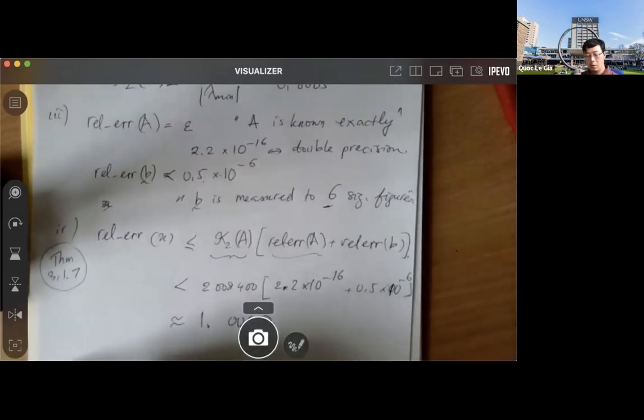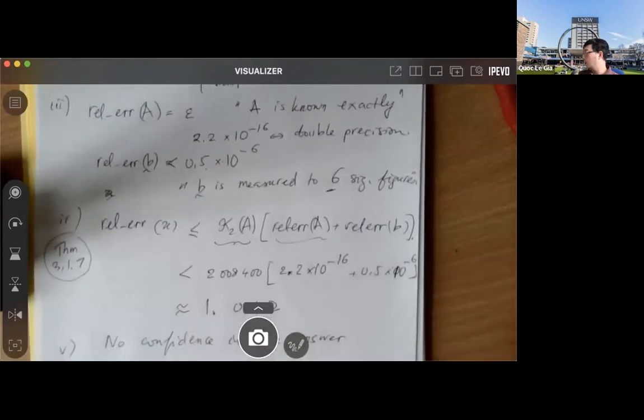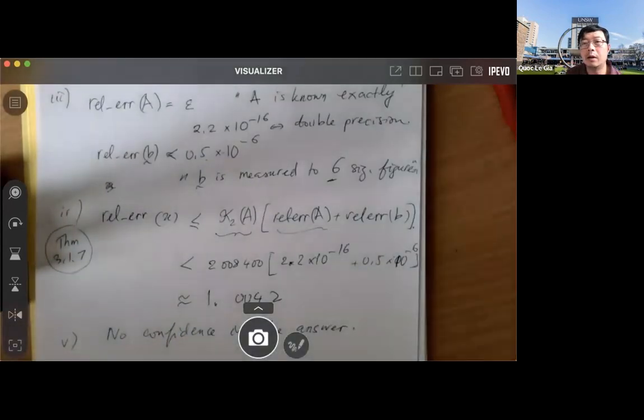So there is no confidence in the answer for X, because the relative error is bigger than 1. So that is what we can do. I think we cannot do question number 5, and we have to stop here and let me stop the recording.